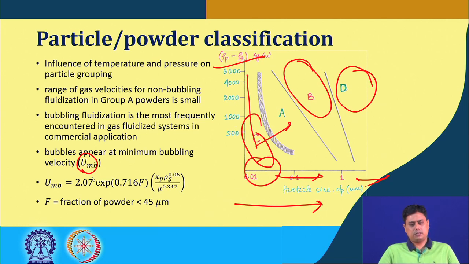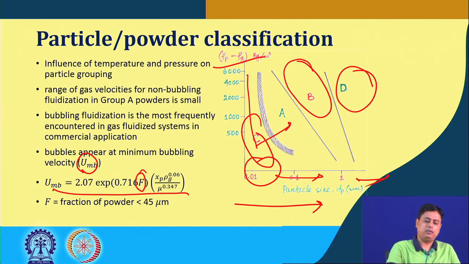There are several expressions from the literature. Again, correlations have been proposed after several experiments with a lot of different types of particle, different conditions, and then researchers have proposed such relation. This is one of such relation to determine what is the minimum bubbling velocity, which has a parameter f.